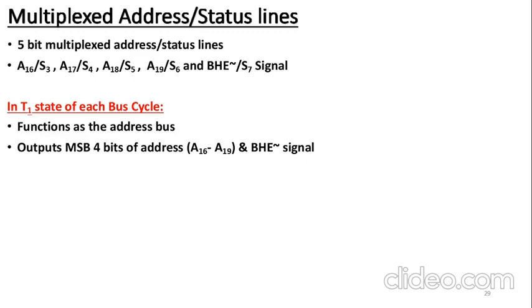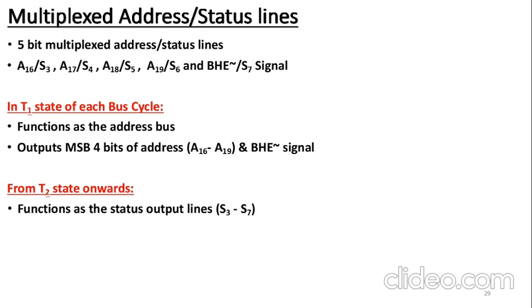You are not supposed to be confused here. The representation of the BHE bar signal, putting an over bar on BHE, is really difficult in the presentation. That's why it has been shown in this way. Then from the T2 state onwards, these multiplexed address status lines function as status output lines, S3 up to S7.